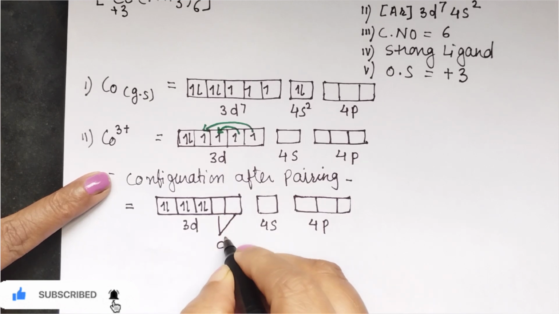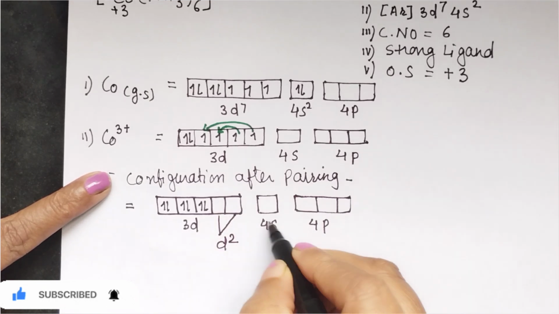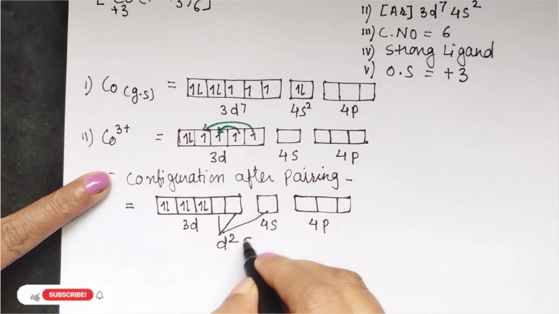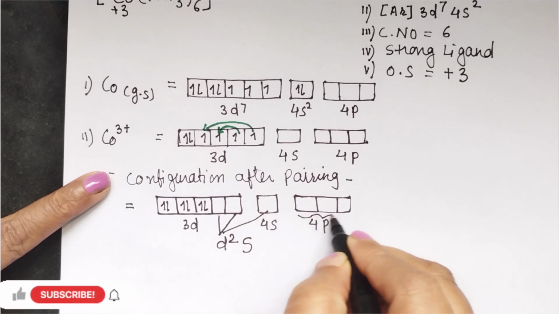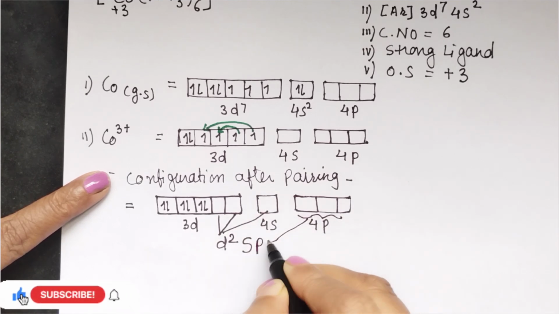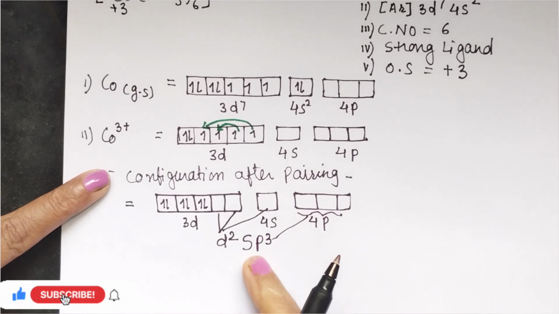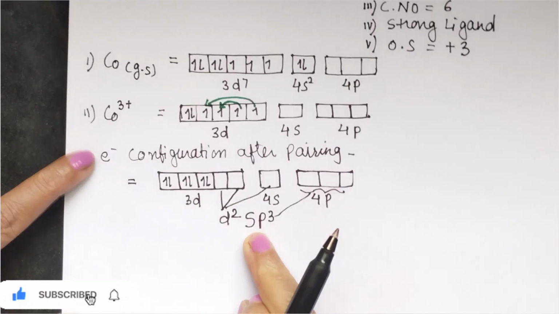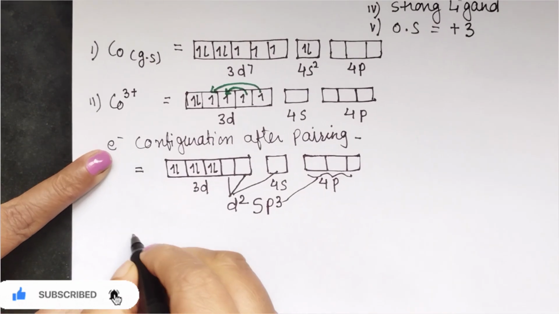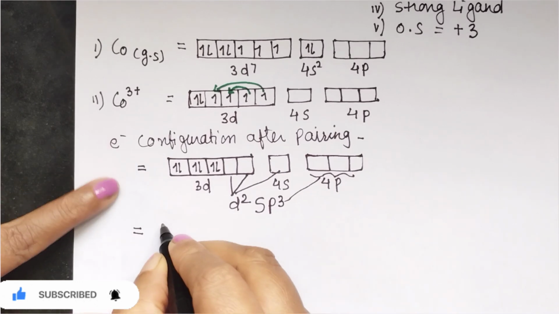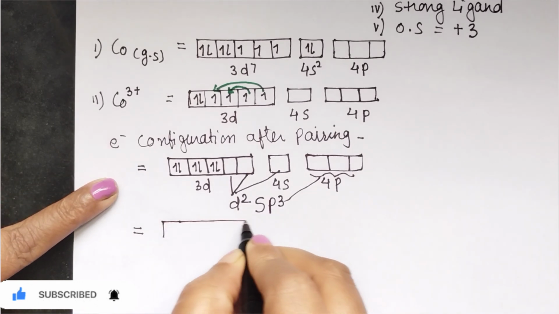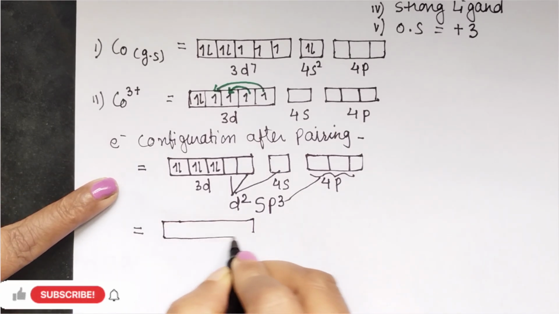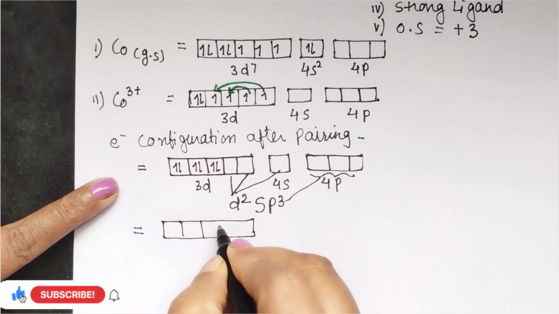So I got d2 from here. This is 1, so this will be s, and those 3 p, so it will be p3. Now I got 6 orbitals which are vacant. So what will be the configuration after the ligands occupy the vacant orbitals?